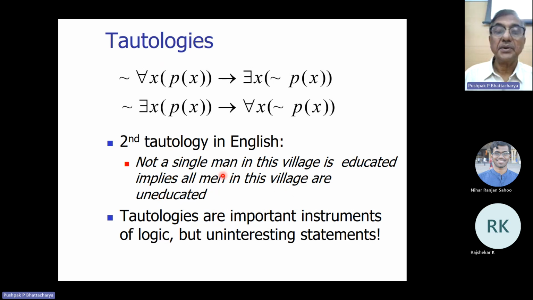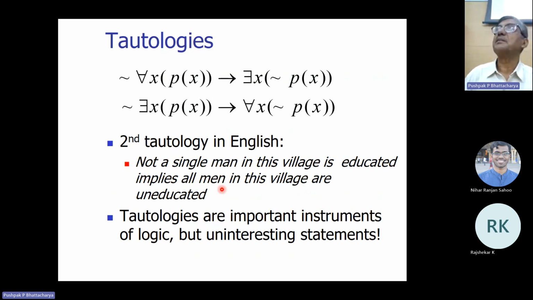Okay. So tautologies are important instruments in logic, but they are very uninteresting statements as far as language is concerned. In the sense that, what are you saying here? Not a single man in the village is educated implies all men in the village are uneducated.